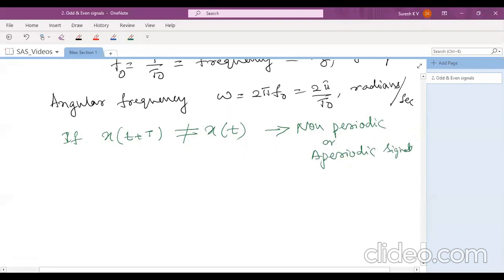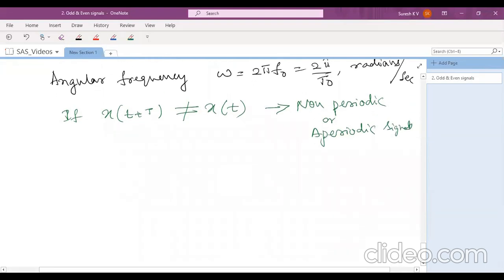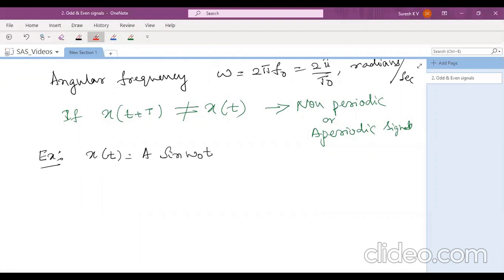Okay, so let us take a simple example to verify a given signal. Say x of t is A sine omega naught t. So I would like to verify whether this is a periodic signal or not.